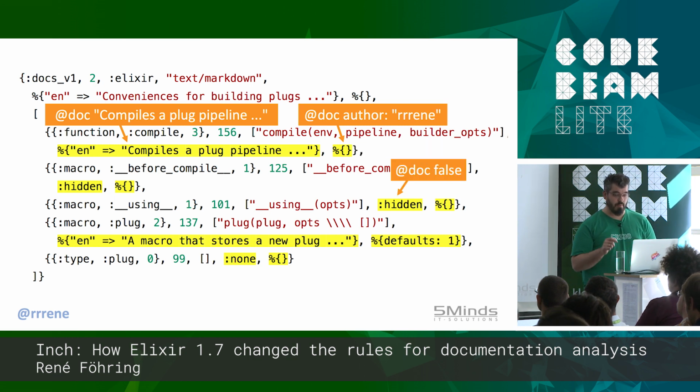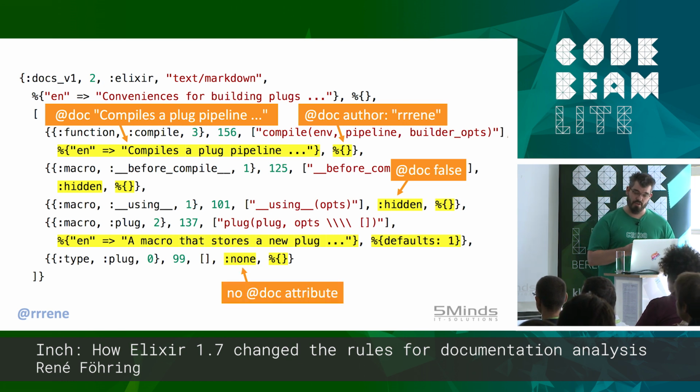So, as you can see, the map of localized doc strings can also be replaced by the atom :hidden when we set the doc attribute to false, which tells us, yeah, this documentation should not be displayed. And the atom :none when there is no doc attribute declared at all.